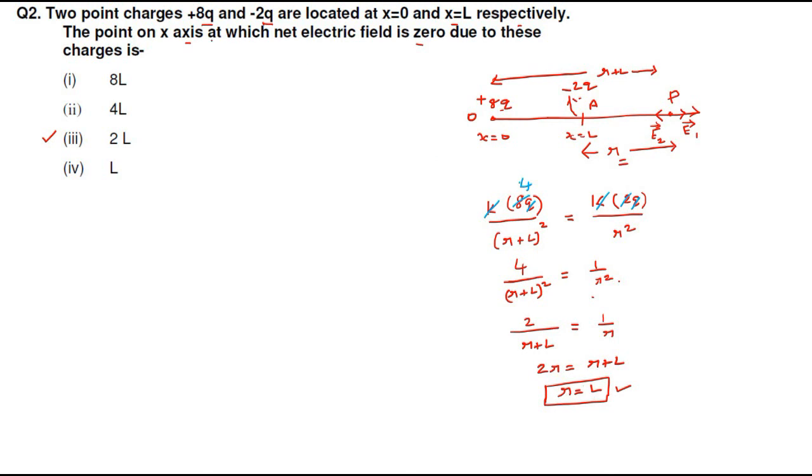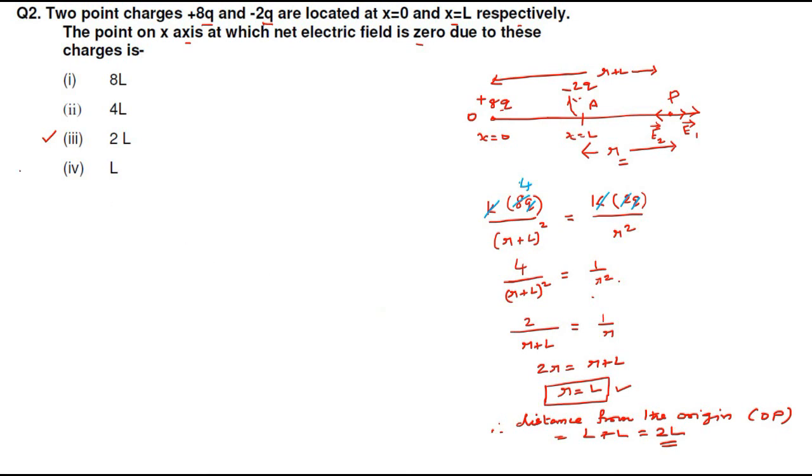But the question says the point on the x-axis at which the net electric field is 0 due to these charges is, so you have to give the distance from the origin. This L is from A, but you have to give the distance OP. Therefore the distance from the origin, that is OP, is equal to L plus L, which is 2L.